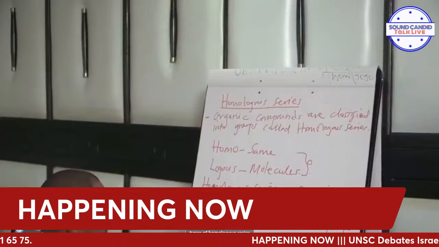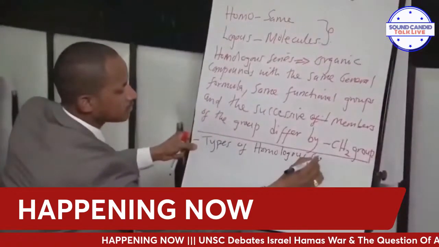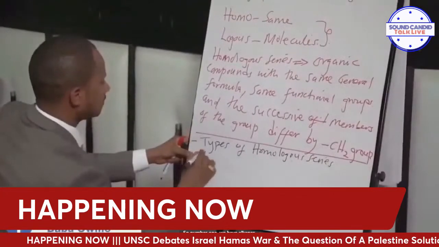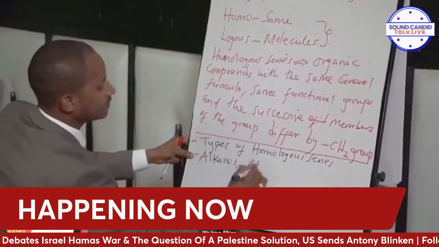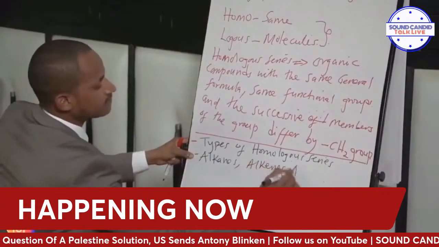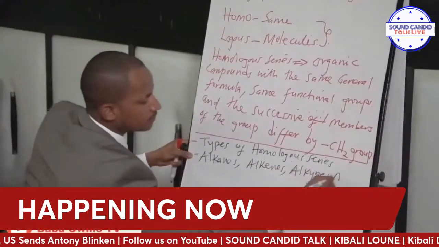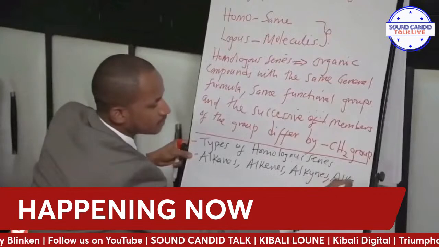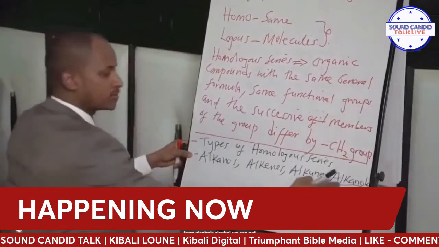Types of homologous series. Number one, we have alkanes, alkenes, alkynes, and alkanols. From alkanols, alcohol, we can get alcohol.